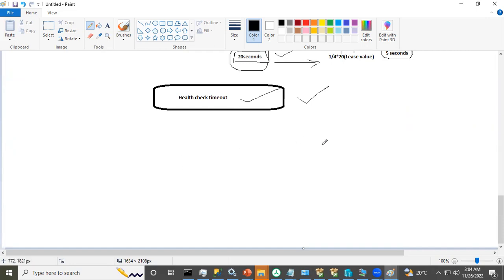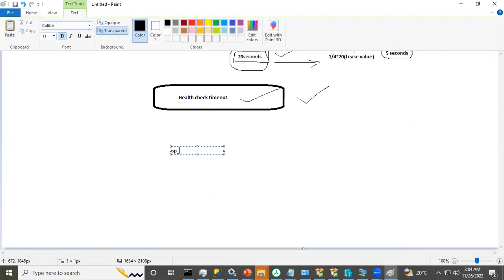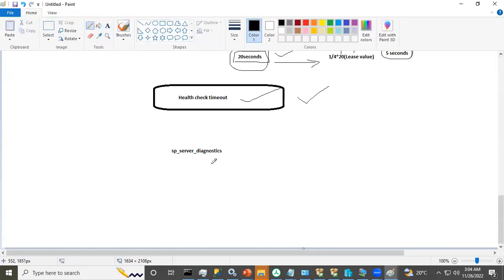It opens a connection to the SQL Server and executes a stored procedure called sp_server_diagnostics. It is not a simple check like IsAlive, which only checks whether the server is responding to the query SELECT @@SERVERNAME.